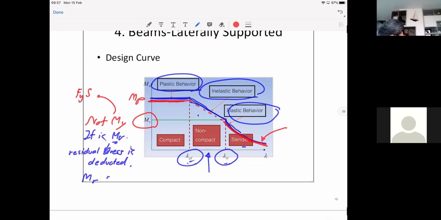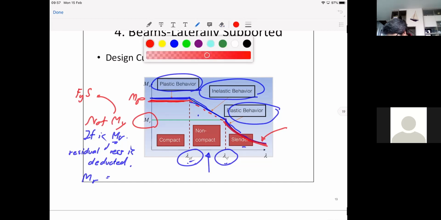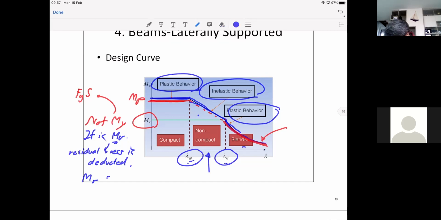But well, let me try to fix this. Okay? It's stress. Okay. Well, when I raise my hand on the iPad monitor, it is as if I put my hand on the whiteboard and it wipes things out. I can't believe it. MR is only 70% of Fy multiplied by elastic section modulus.